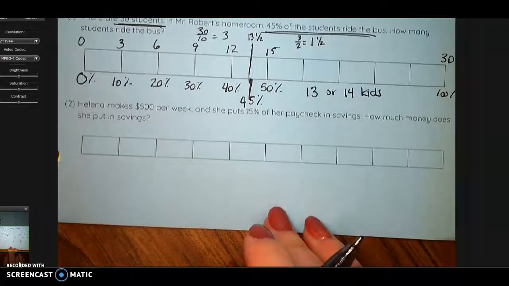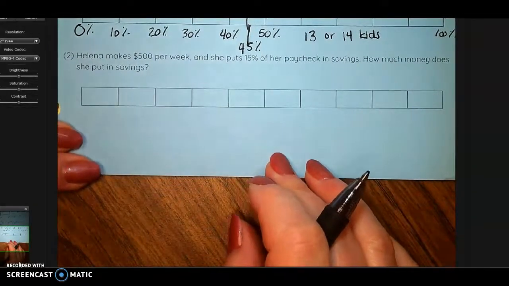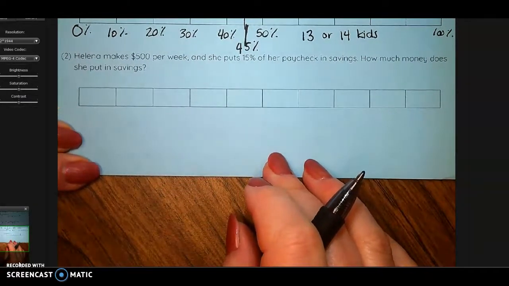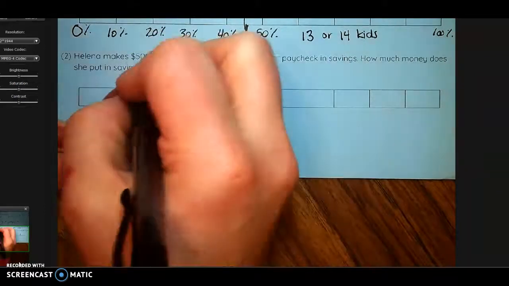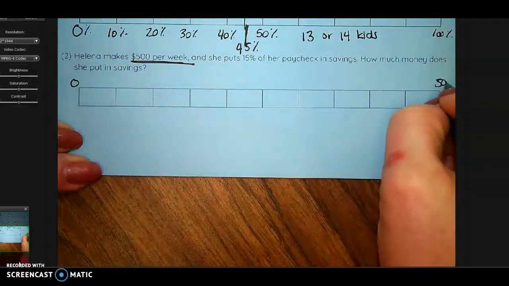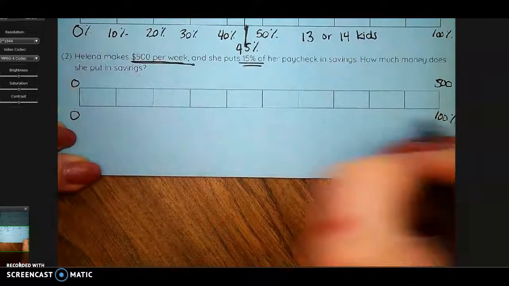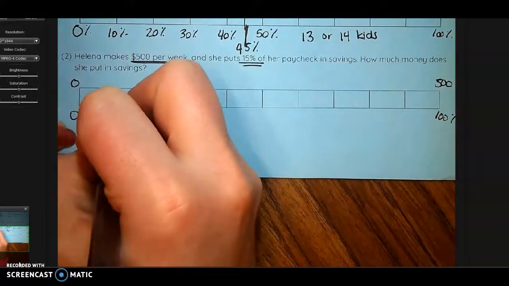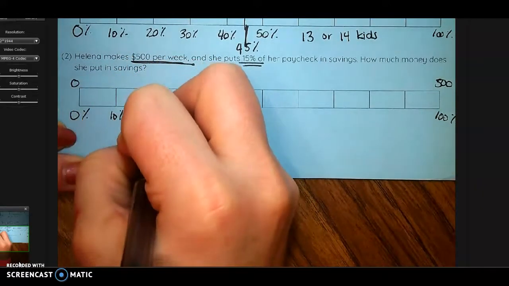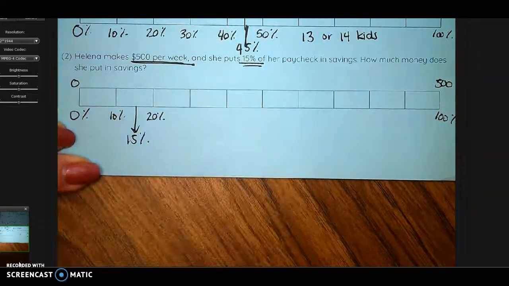On my next one, Helena makes $500 per week, and she puts 15% of her paycheck in savings. How much money does she put into savings? So she makes $500. That's going to be my top number. And then my percent, remember, goes down here. So I would have 10%, 20%, 15% is right in the middle.